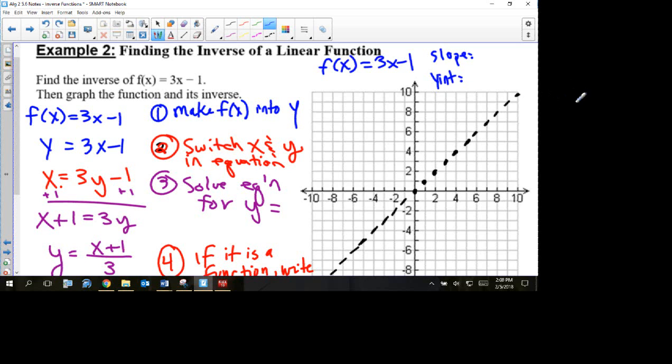What's the slope? 3 over 1, or 3. What is the y-intercept? -1. So we begin at 0, -1, and we use our slope and go up 3 over 1, up 3 over 1, up 3 over 1. Or down 3, left 1. Or you could use your straight edge at this point.